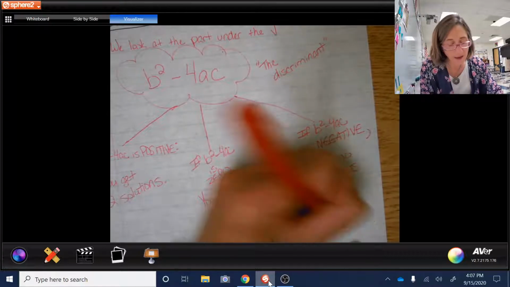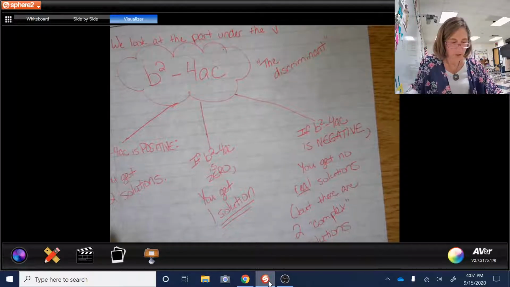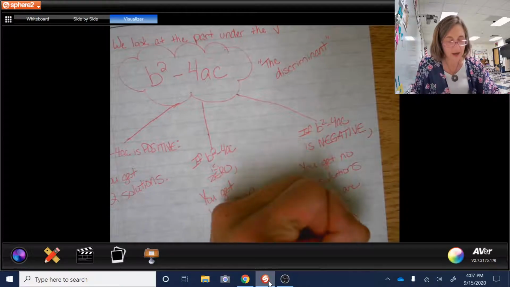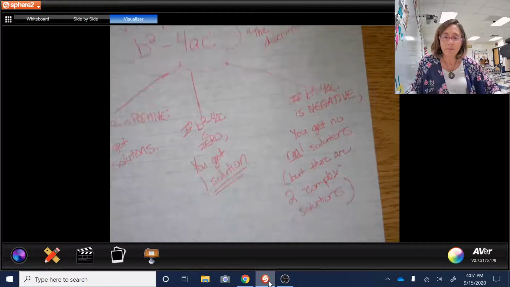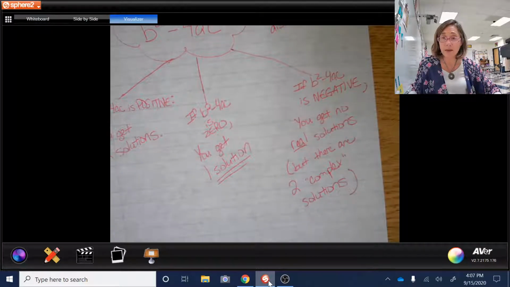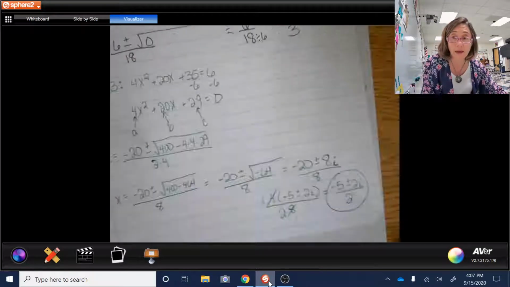So I was calling them imaginary. If the b squared minus 4ac, the discriminant, comes out negative, then there aren't any real solutions, but you do have two complex ones.